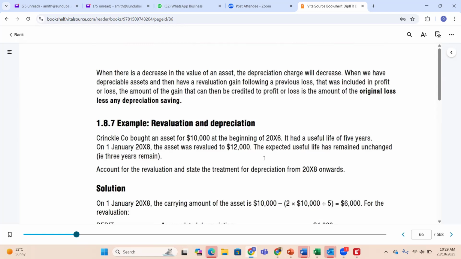Now, another thing is how do you account if there is a revaluation gain? It should be credited to revaluation surplus in OCI, correct?